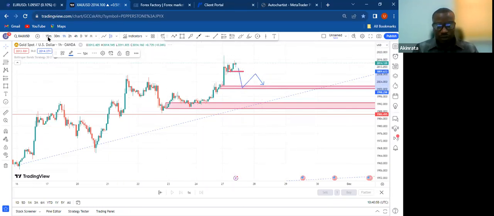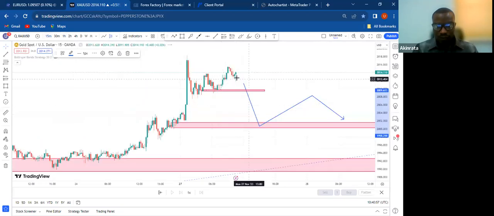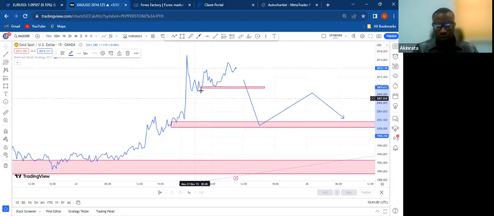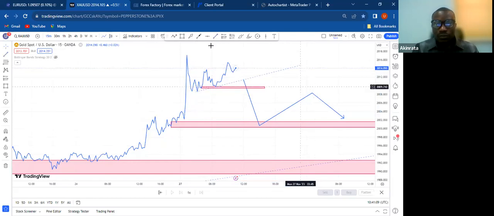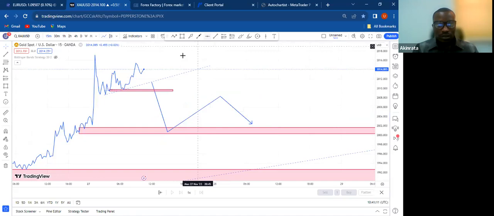So we look at 15 minutes. We have a high here. So there's a high in 15 minutes. Let me change this to line charts. And see, we have engulfing. Yeah, this is the resistance I'm looking at.